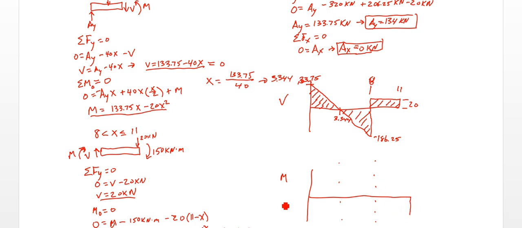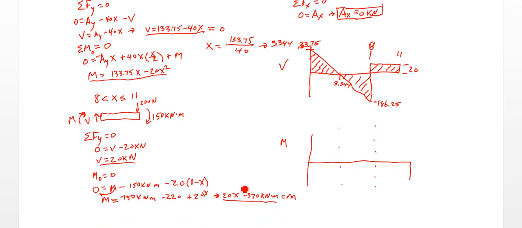If I plug 8 into this equation, let's see, it's going to be 160 minus 370. It's going to be 210. This is going to be negative 210. This is negative 210. This is negative 150. And I'm going to start at 0.